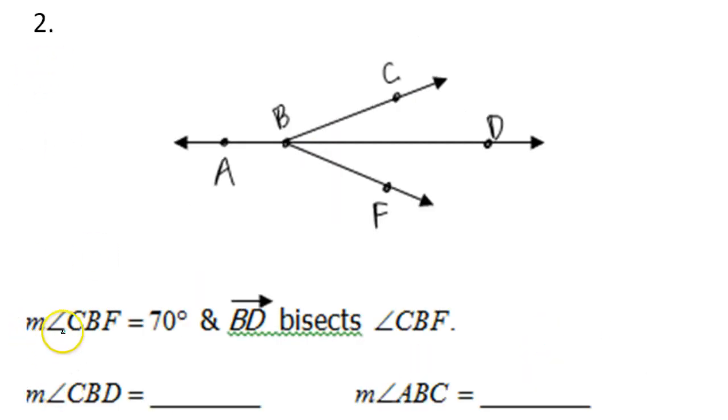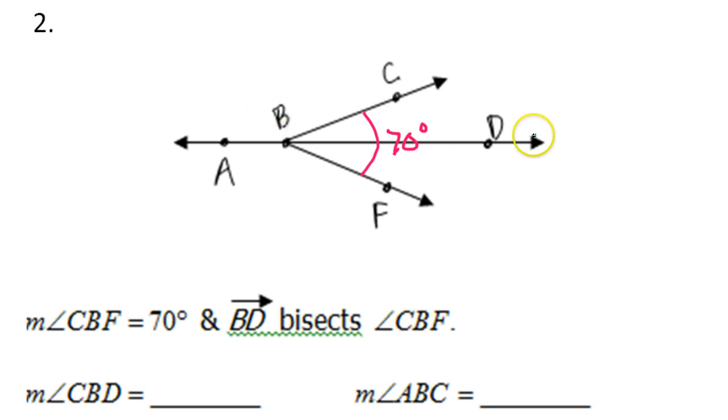Problem number 2. The measure of angle CBF is 70 degrees. So that means from here to here, the large angle there is 70 degrees. And ray BD bisects angle CBF.